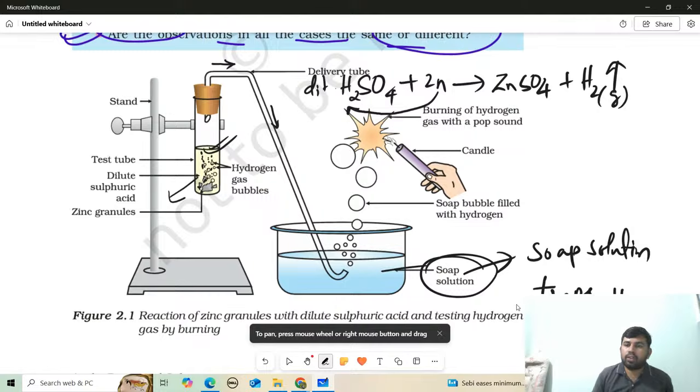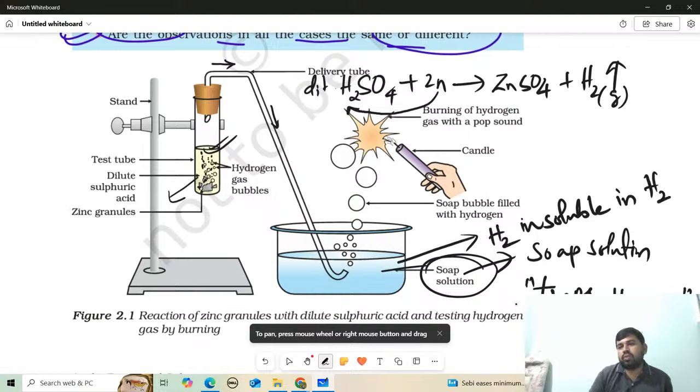Why should it be trapped? Because hydrogen gas, H2, is insoluble in H2O and wants to escape, so it can be trapped by the soap solution. This hydrogen gas has a fuel character.